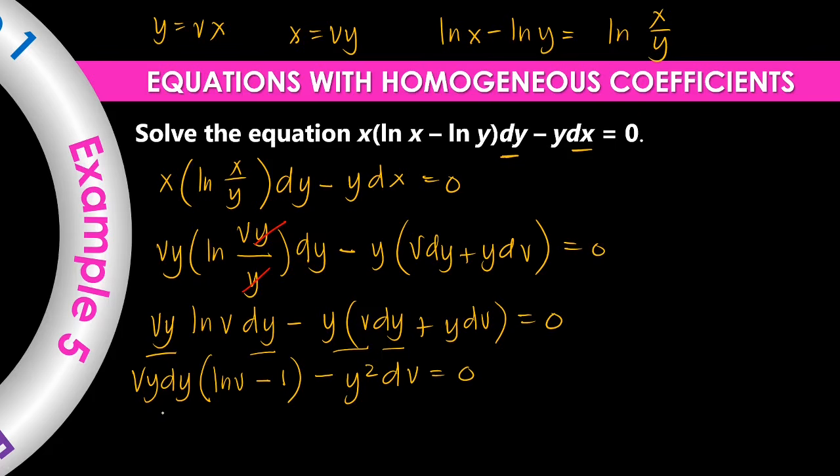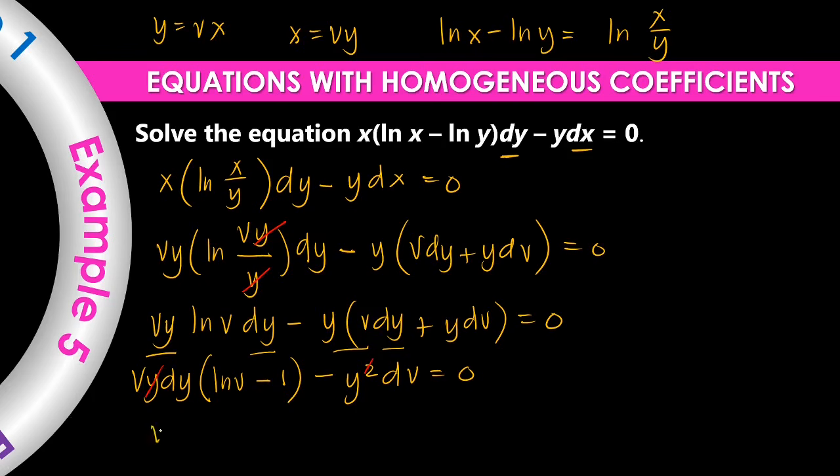Now, if it's possible to simplify this further, we can simplify. Notice that y is a common factor. So we can cancel y here and we will be left with only a single y here. Okay, let us rewrite the simplified expression.